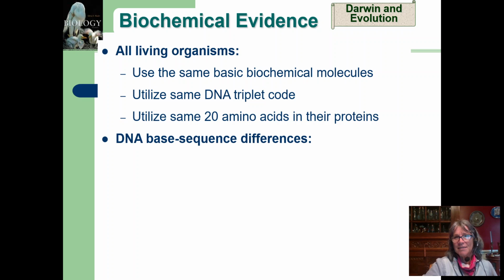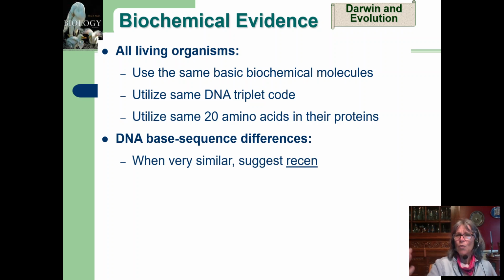Our DNA base sequence differences, we can look at those now. We have the technology, the ability, anybody who watches CSI knows, or as you learned in your lab, to analyze those base sequences. The more similar they are, the more similar two organisms are.